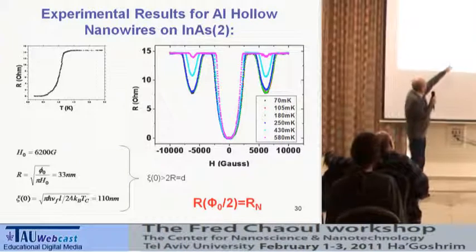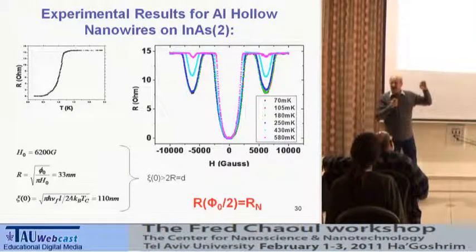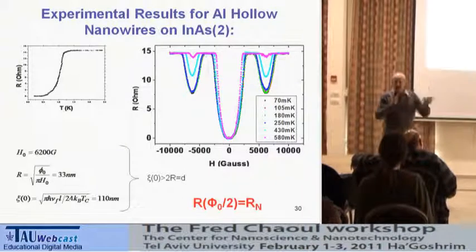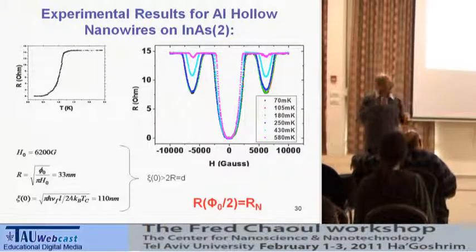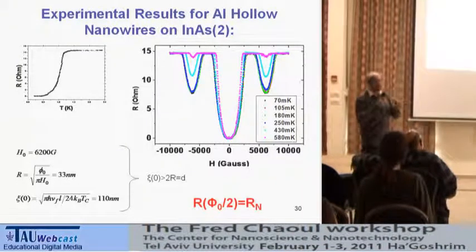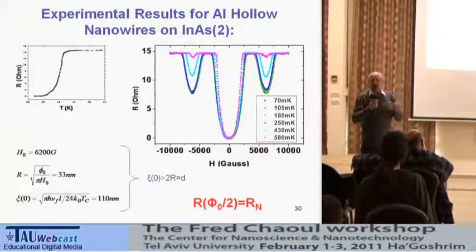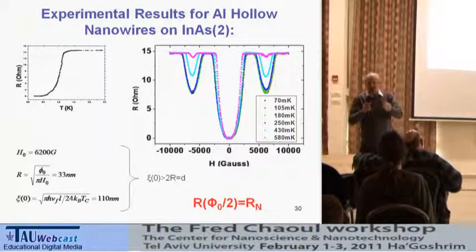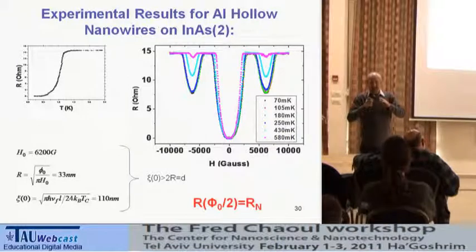is that you see that we go to a finite resistance at phi over 2, half flux quanta. That means that you have a normal resistance at zero temperature for the disordered material. If you remember, I was teaching you that a one-dimensional system cannot have finite conductance at zero temperature.